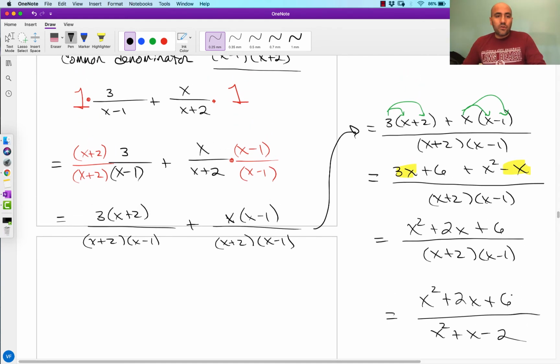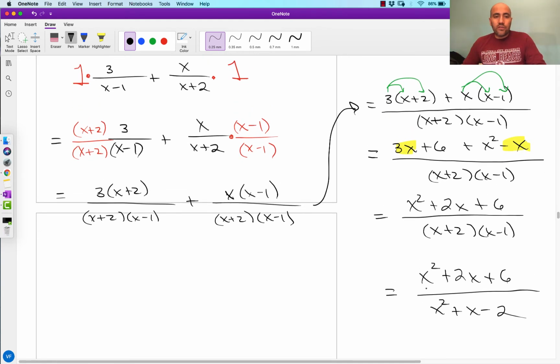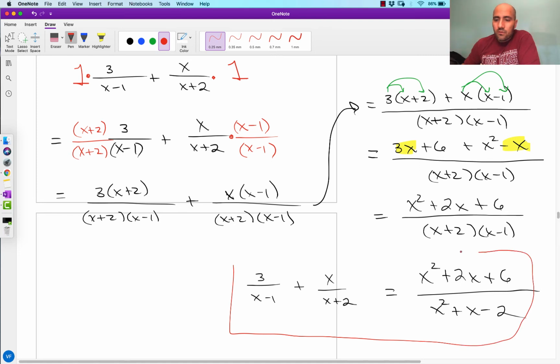So bringing the original question down, we end up with 3 over x minus 1 plus x over x plus 2 is equal to this.